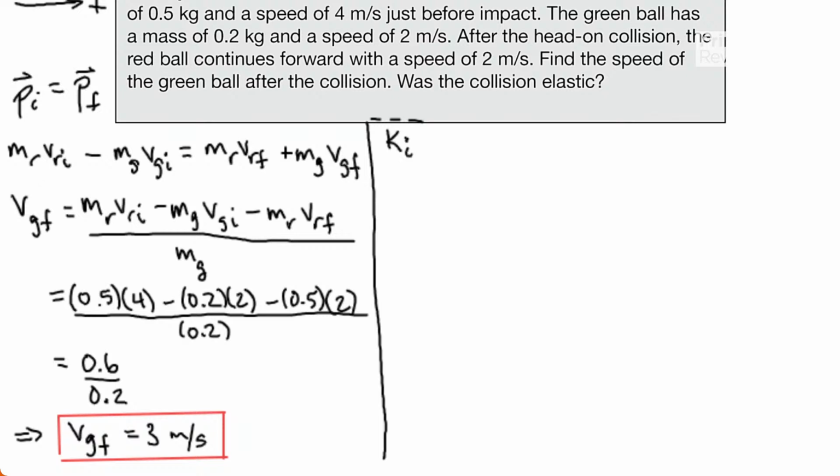So in the initial case, there was kinetic energy from the red ball and from the green ball. Those numbers are in the question itself, so we can plug in with the values they gave us.